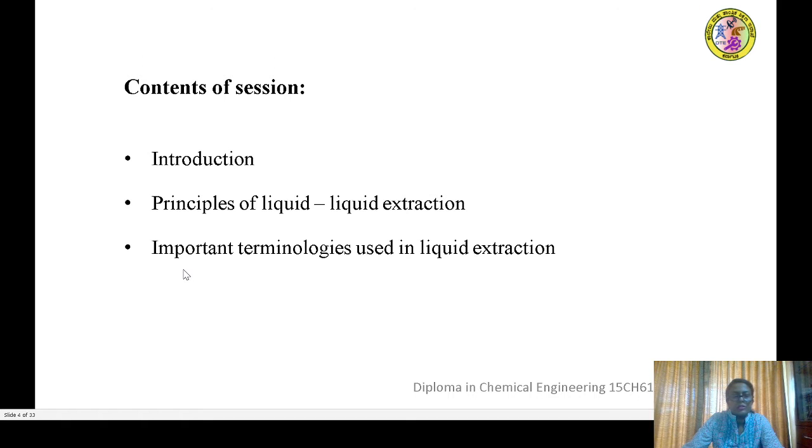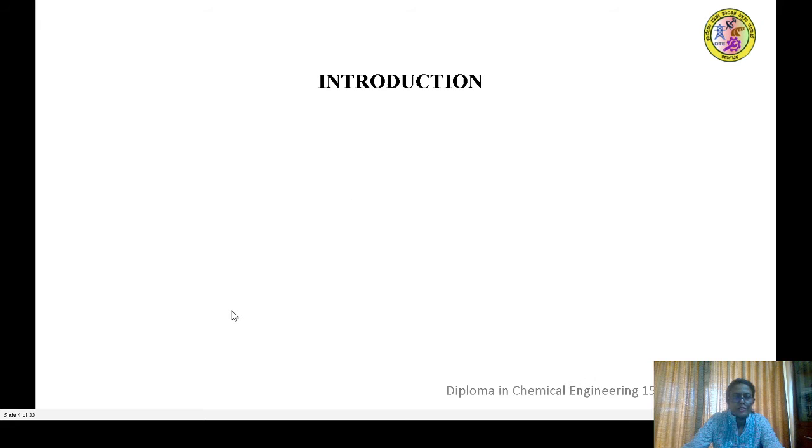We'll also come across the important terminologies that are used in liquid extraction. Here we are also supposed to discuss examples of liquid extraction and the principle involved in the operation to separate the components of the given mixture.